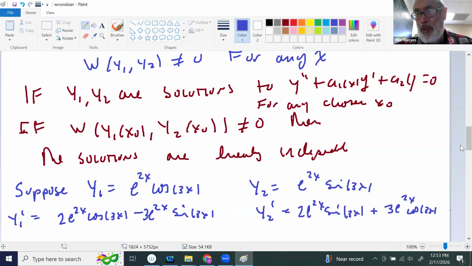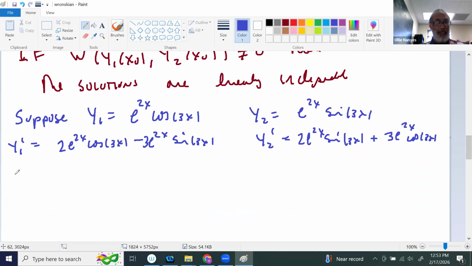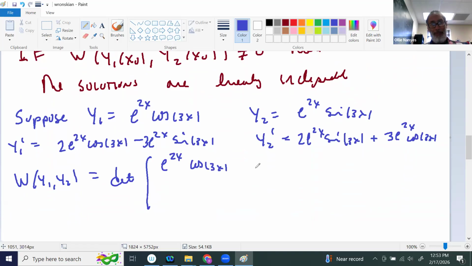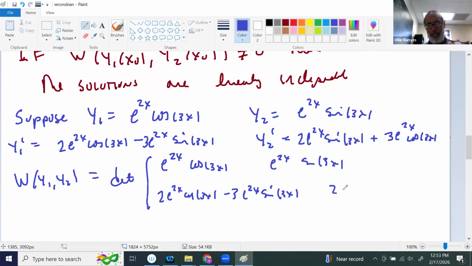Now, if you try to take the Wronskian, you have this, and then you have this here, and then we have this, and you're running out of room.